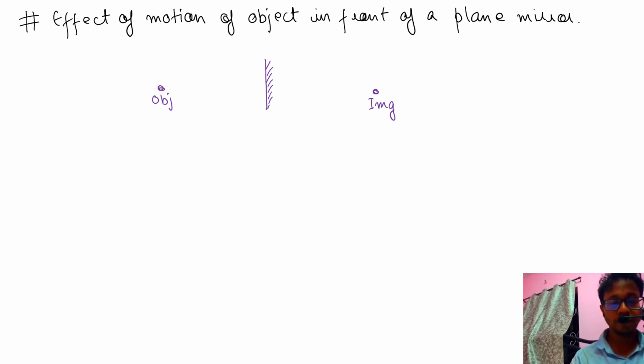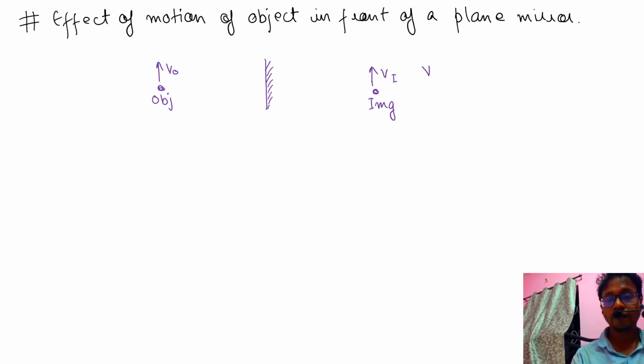So suppose the object is moving with velocity parallel to the mirror. In that case, the image will also move with velocity that is parallel to the mirror. The velocity of object is VO, the velocity of image would be VI.